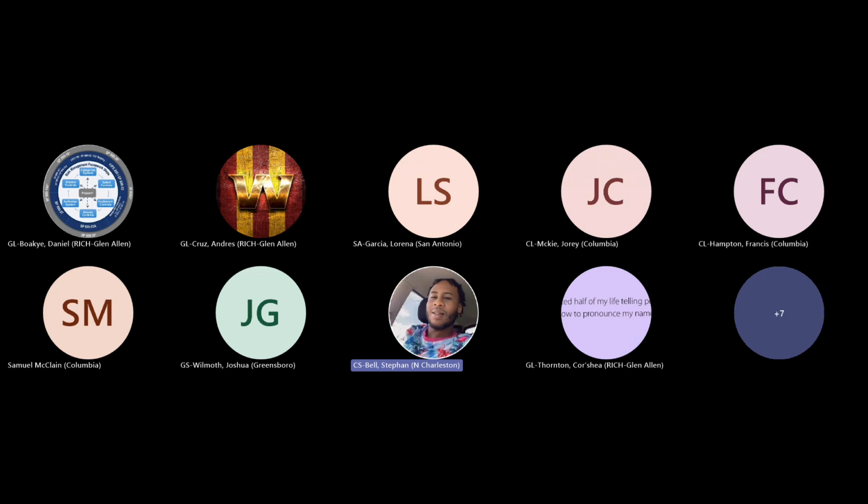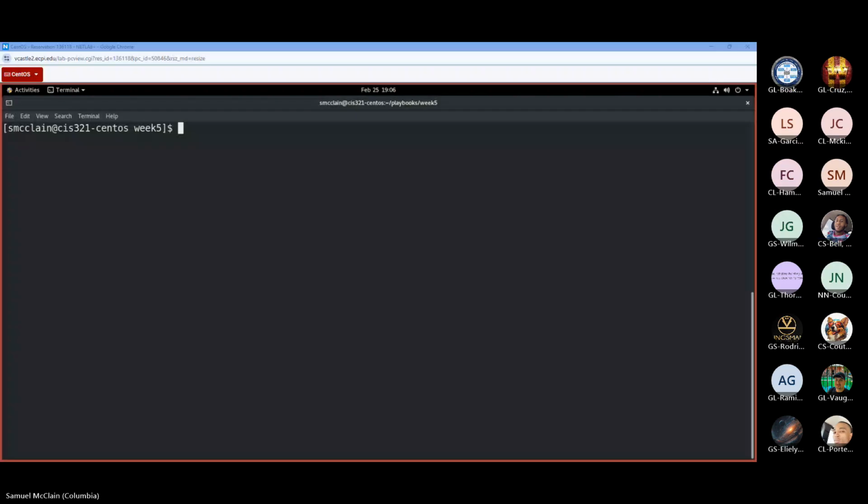Real quick, sir, before you begin, what did you do to get the DHCP server to stop failing on the Ubuntu? Yeah, let me take a look at yours. There were several things I had to modify. One, I added a semicolon after the interface v4, and the other one was the netmask.